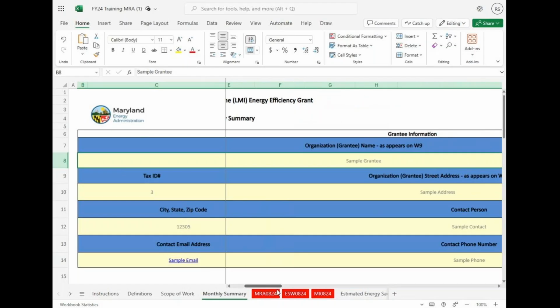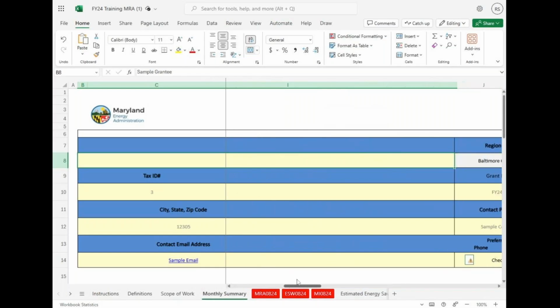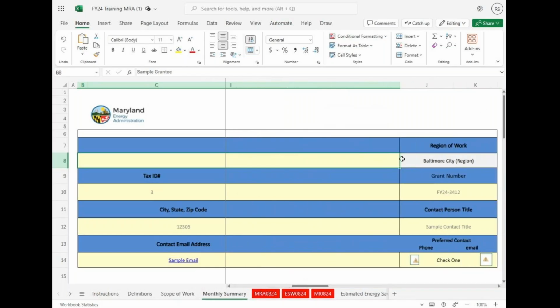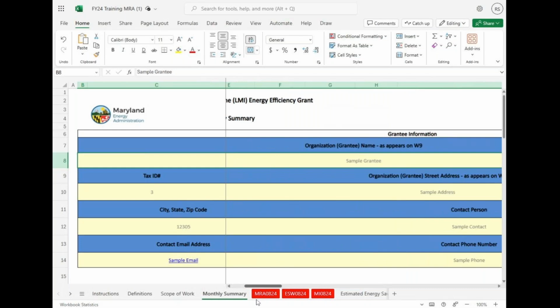Please type in your organization name, the address, who is your point of contact, zip code, email, phone number, as well as your region of work, your grant number, and if you prefer phone or email, please check one of these.